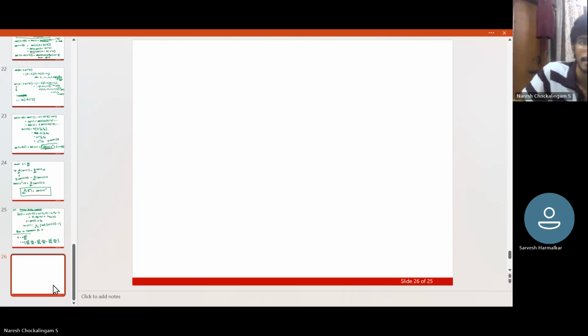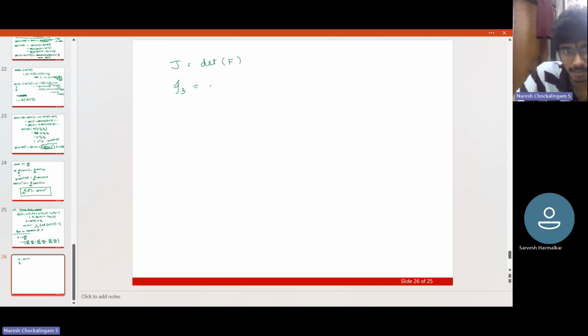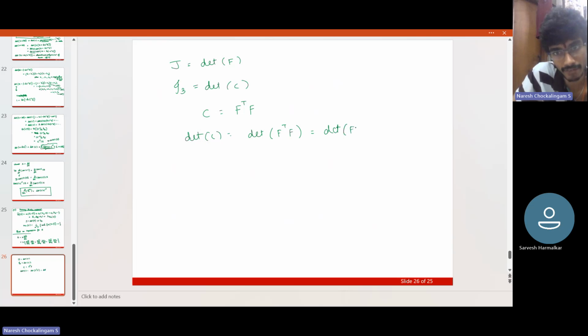So J is the determinant of F. I3 is the determinant of C. But what is C? C is equal to F transpose F, which means determinant of C is determinant of F transpose F, which is the product of determinant of F transpose and determinant of F. And transpose doesn't affect the determinant, so it's determinant of F the whole squared, which is J squared.